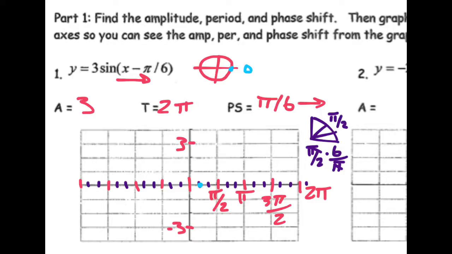And then I would normally end up at my maximum value, which is 1, but we're multiplying that by 3, so I'm going to hit my maximum value at 3, and I can put that there. But wait, every single point needs to be moved over pi over 6, so that point actually needs to be right there. So I'm going to put my point right there, and now I'm going to keep running through like I know how to do.